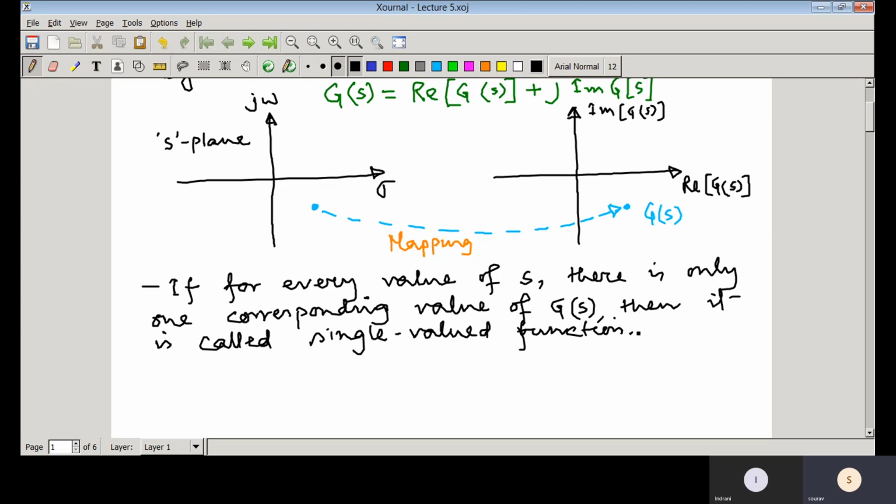Now, if we consider the reverse mapping, that means whenever you take a point here and you would like to go back to the s plane, and if the mapping from G(s) to the s plane is also single valued, then it is called a one-to-one mapping.